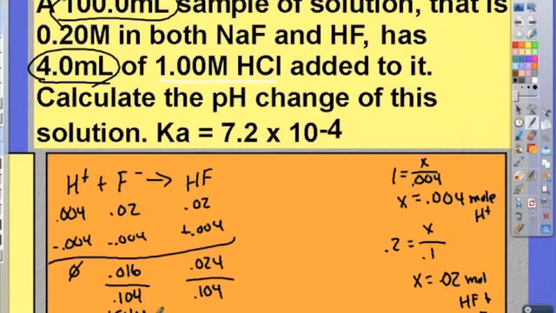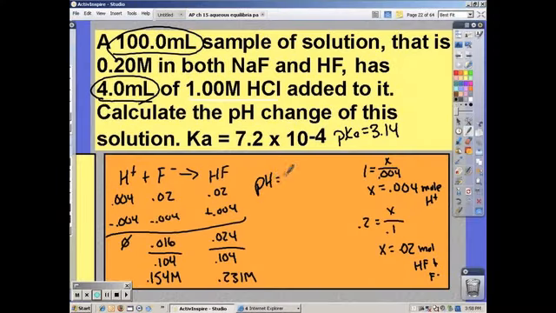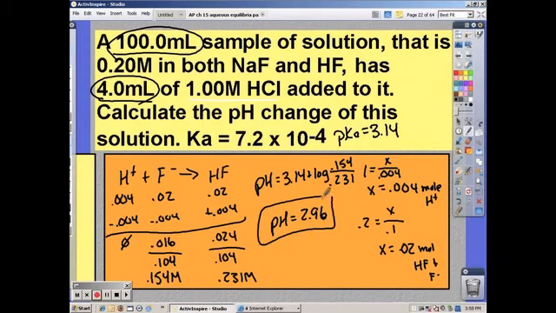That's going to give us 0.154 molarity and 0.231 molarity. We have a buffer, so we need to use Henderson-Hasselbalch. Our pKa is 3.14. That's the pH that we started with. So pKa plus log of our base, which was 0.154, over acid, which is 0.231. So pH is equal to 2.96, which is a difference of 0.18.